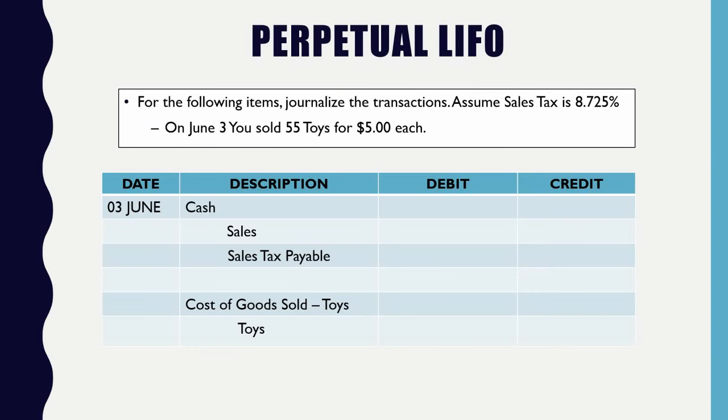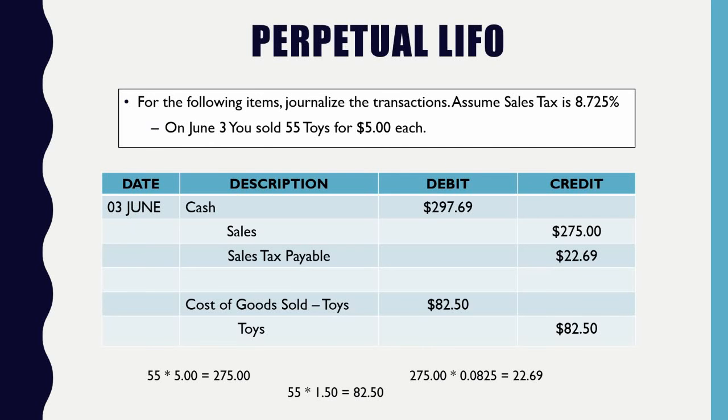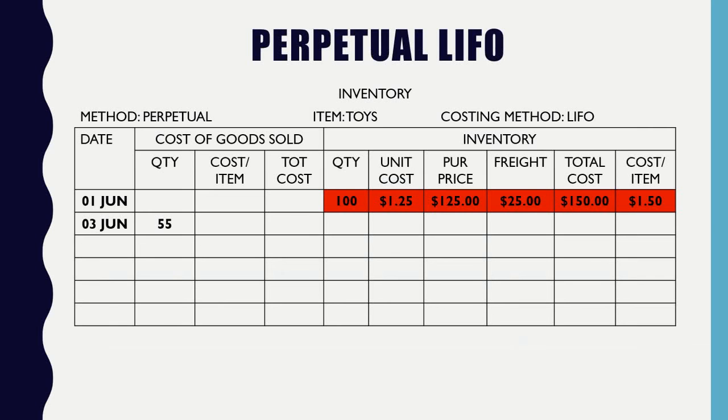Then the next thing that happened on June 3rd was we sold 55 toys at $5 each. Because we have only one batch, we can automatically assume we're taking out of that batch. It's the only batch that we have.